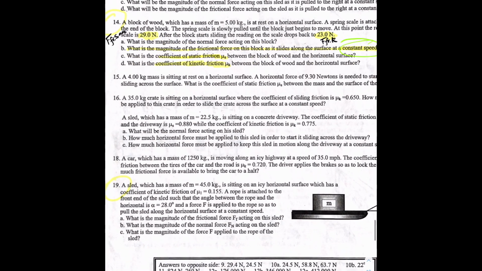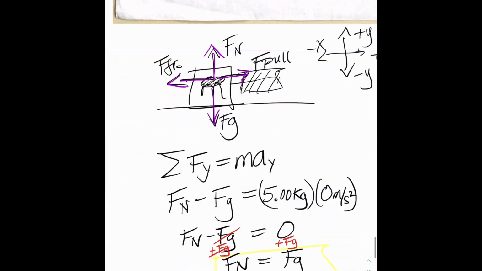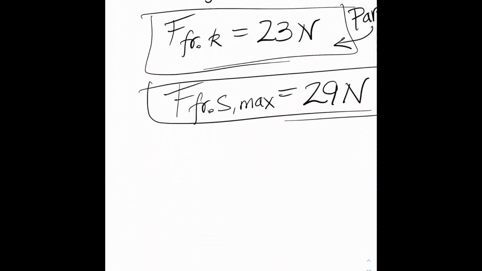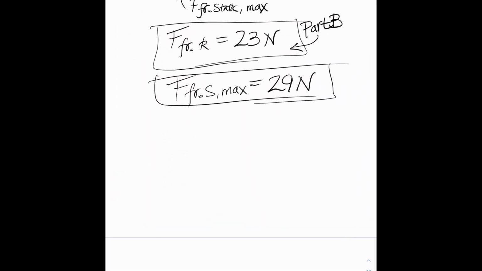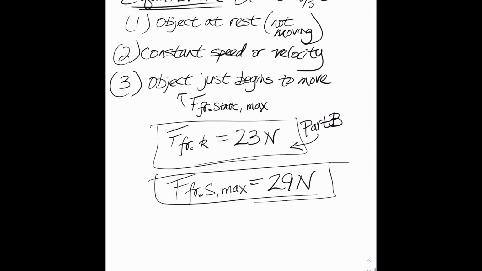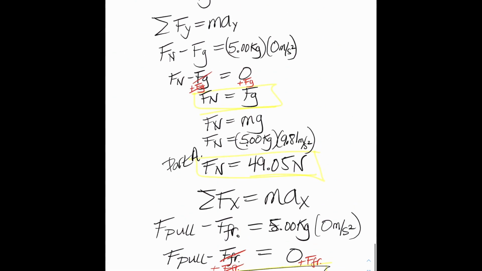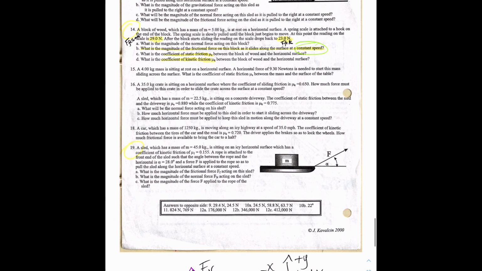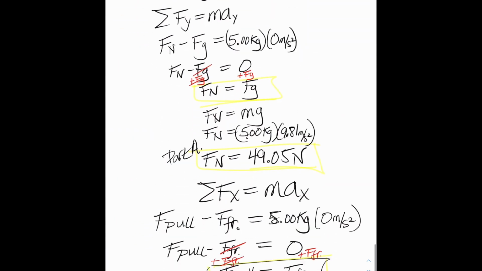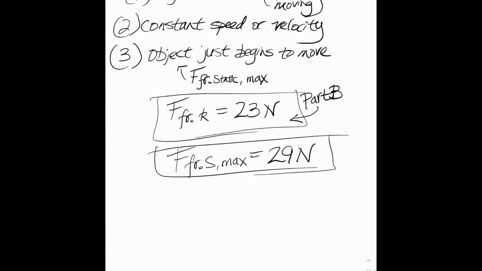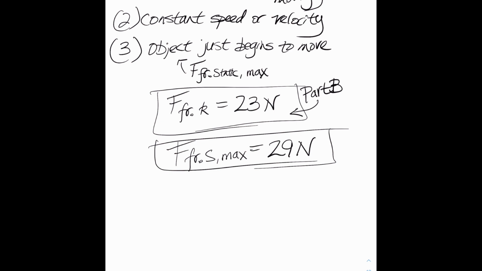So we found force friction static max and force friction kinetic. All right, let's go ahead and start then with static, mu static. And mu can change when it's static.